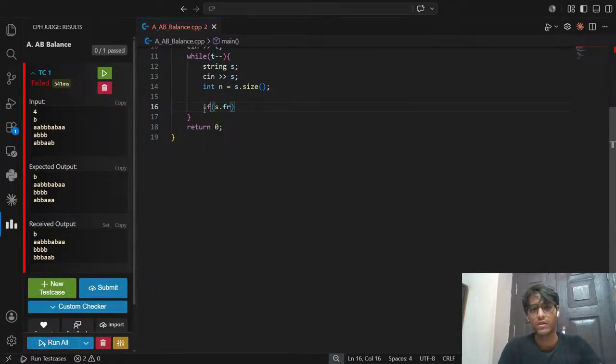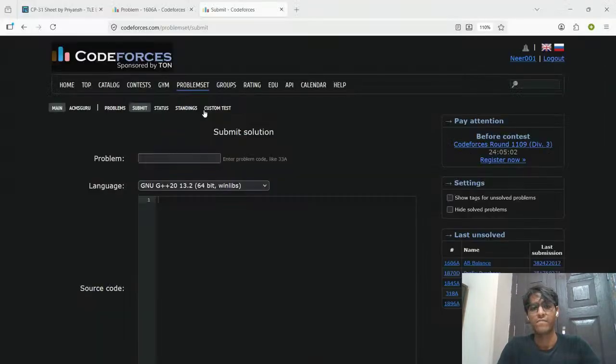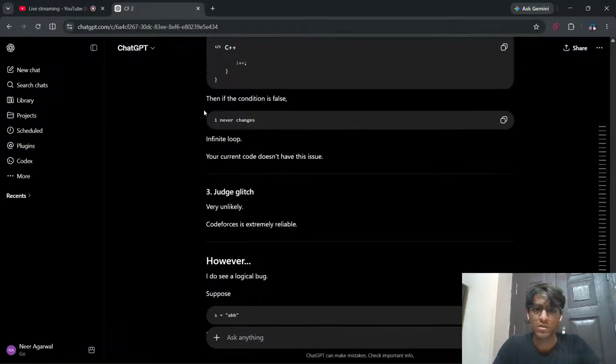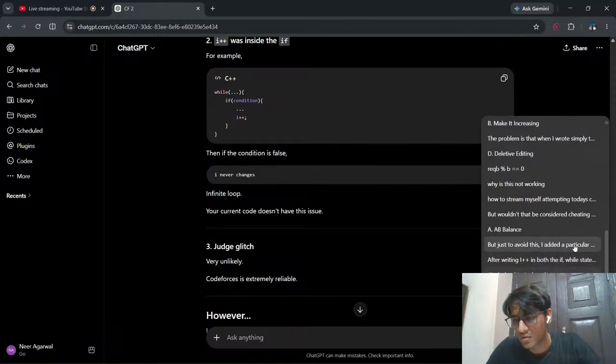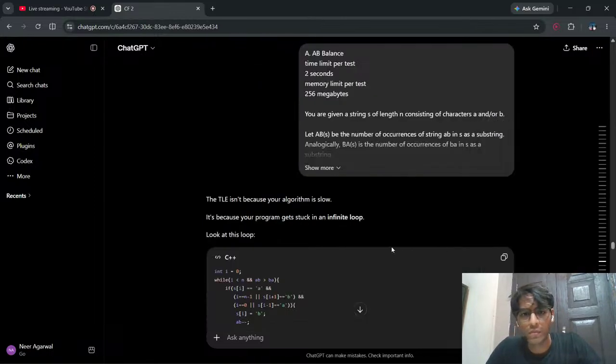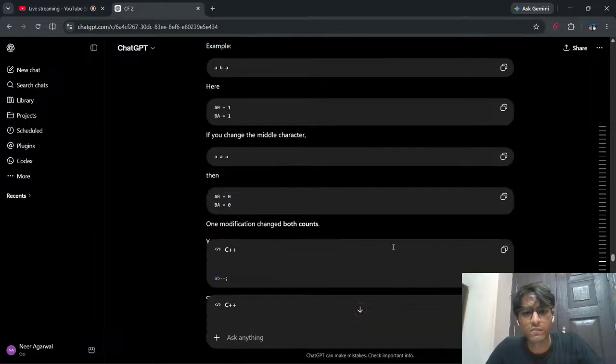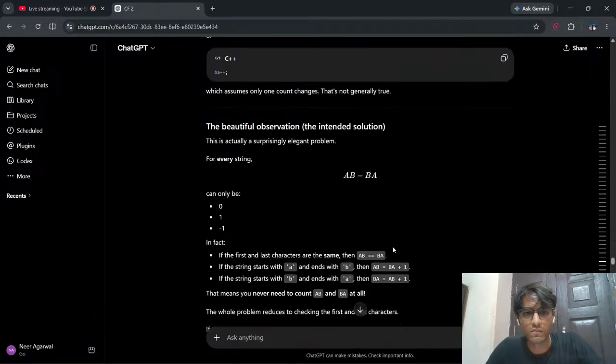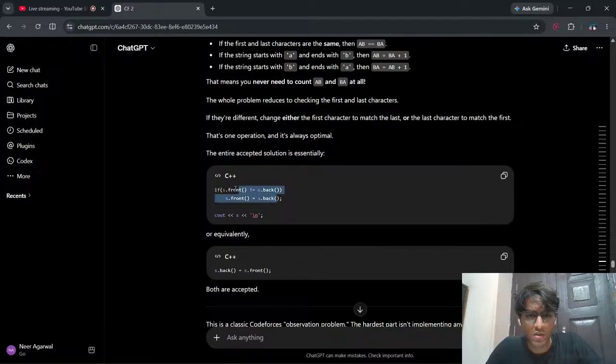If s.front is not equal to s.back, then... no, this shouldn't. Like, s.front should be equal to s.back. Yeah.